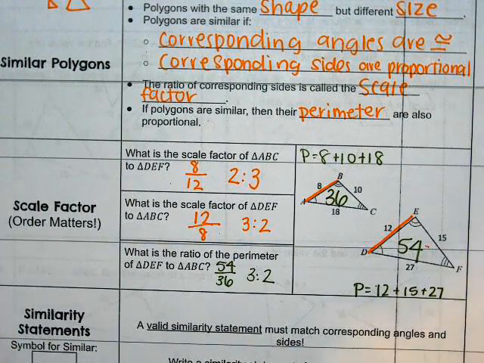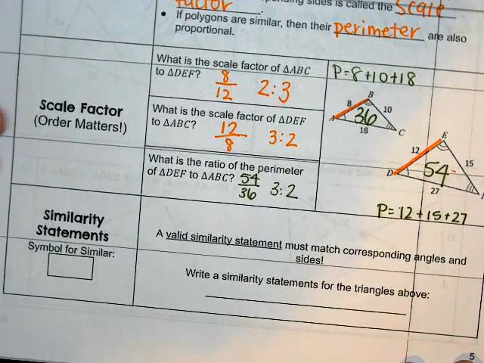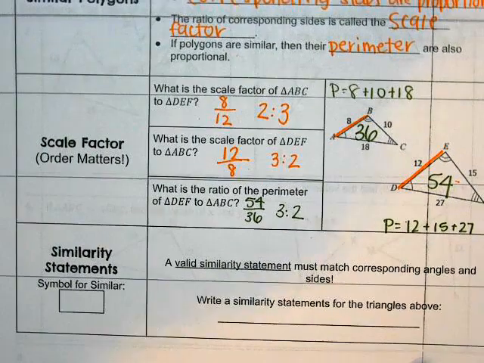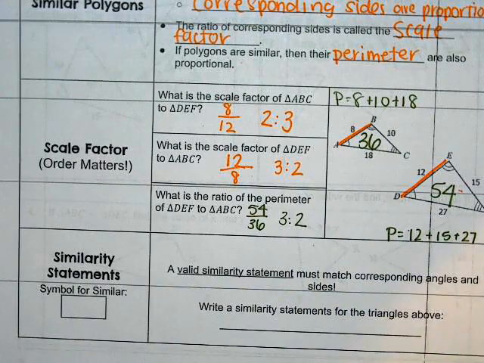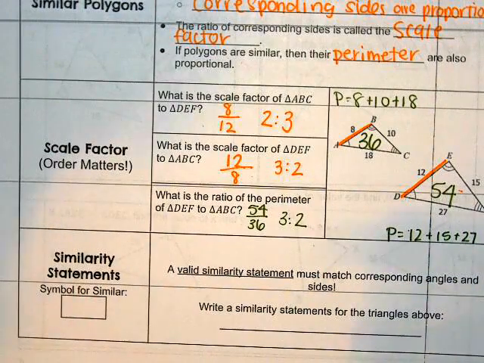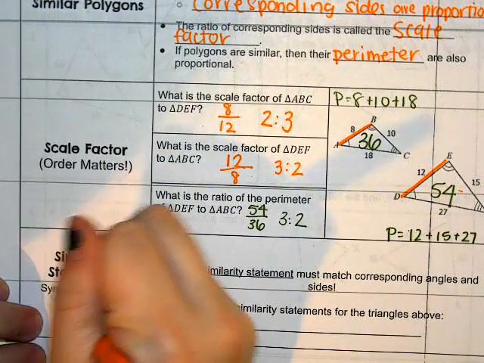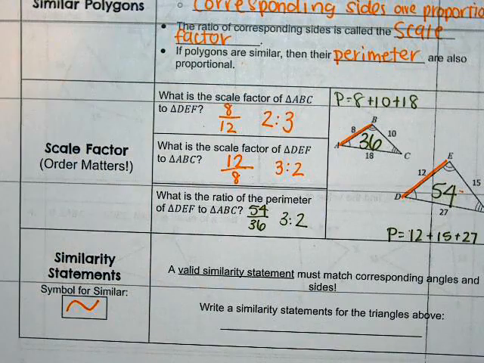Next, we've got to talk about similarity statements. Similarity statements are similar to when we wrote congruent statements. It was where one triangle is congruent to the other, and you base the corresponding angles and sides together. It's the same thing. We just have to learn what the symbol for similar is. It is this little squiggly guy. And for the triangles above, it's kind of already given it to us.